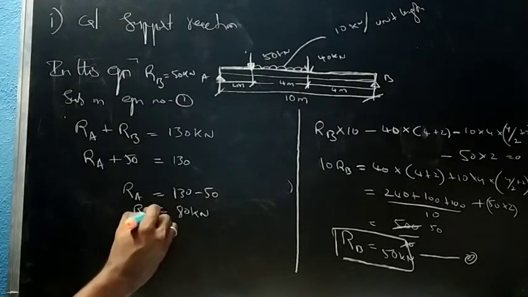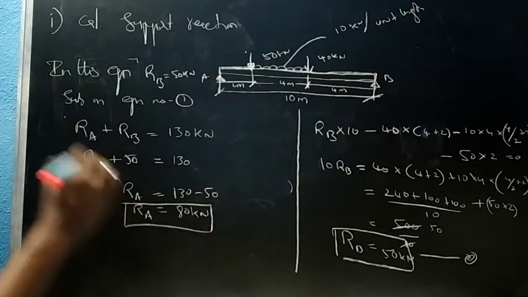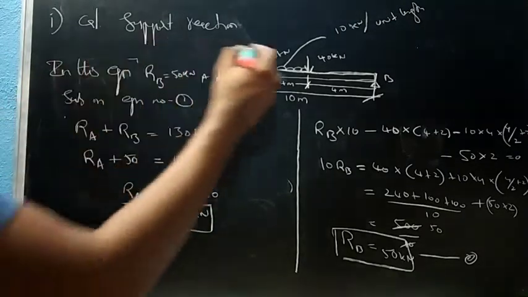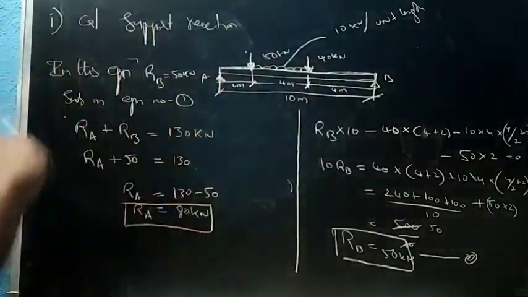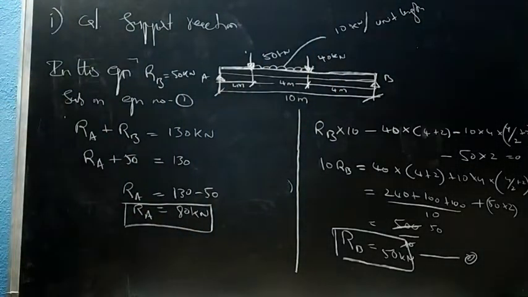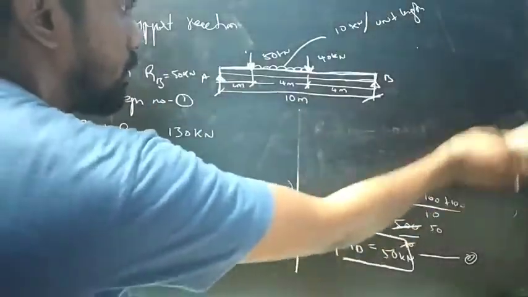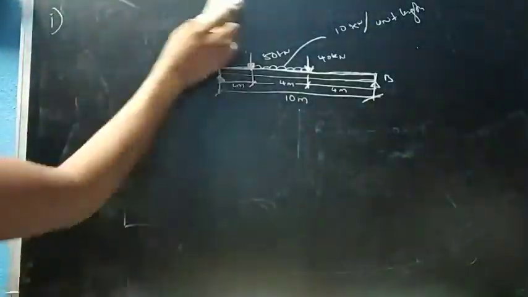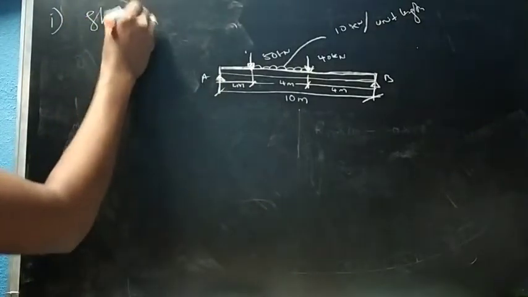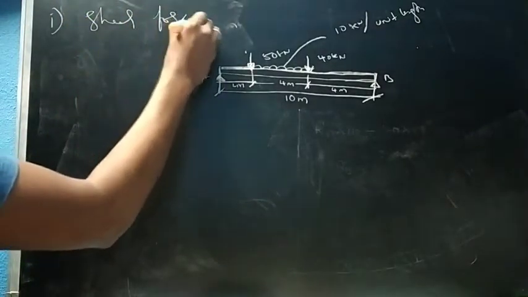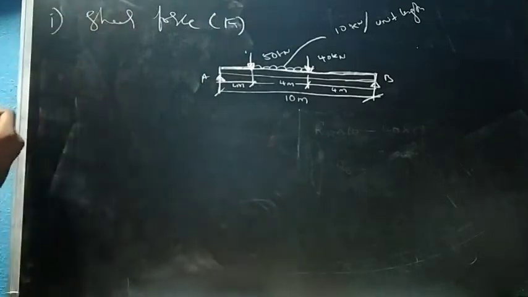So what is RA value? 80 kilonewton. So now the second step is to find out shear force, right? Now we'll find out shear force. Shear force, so denoted by F, right?